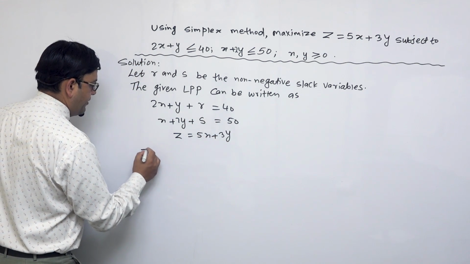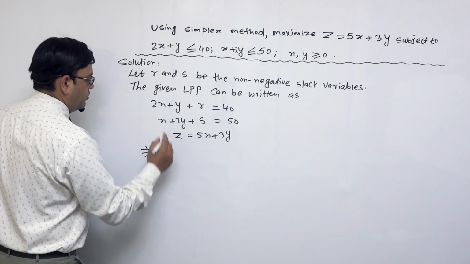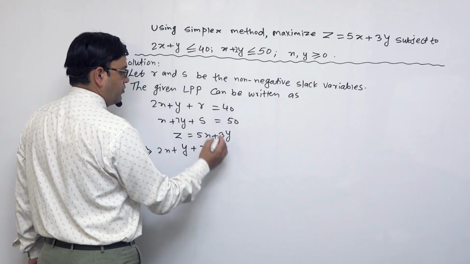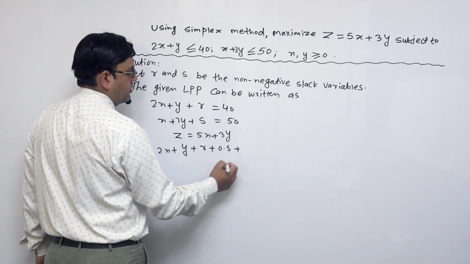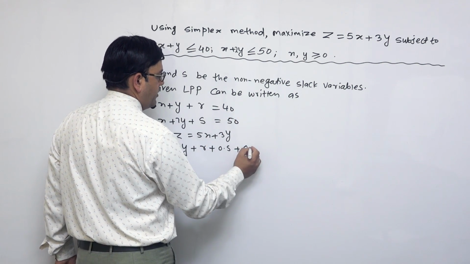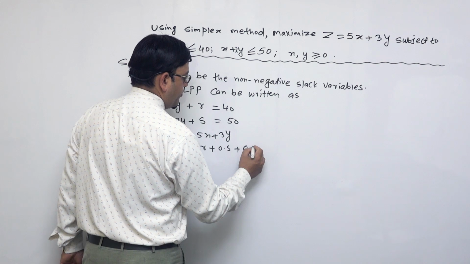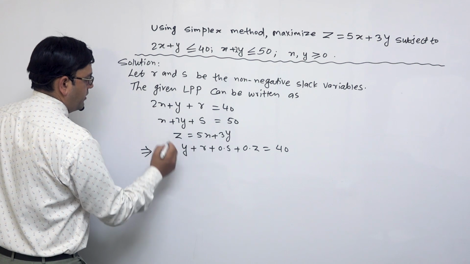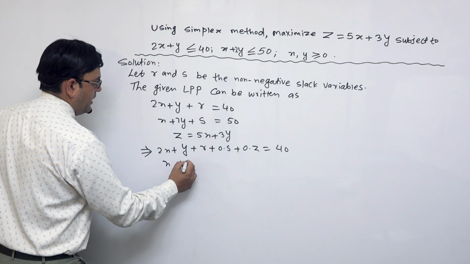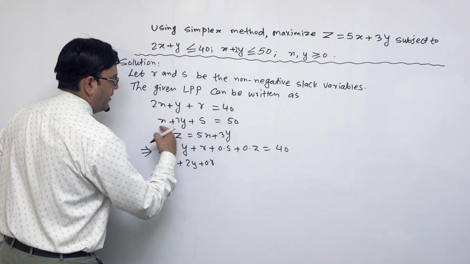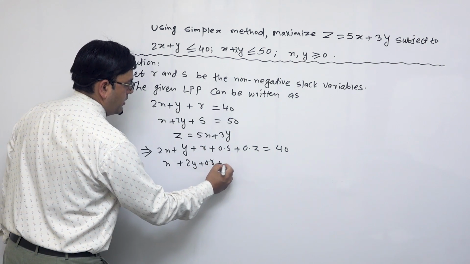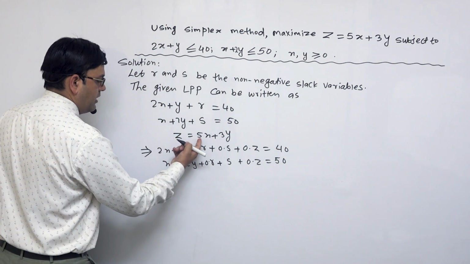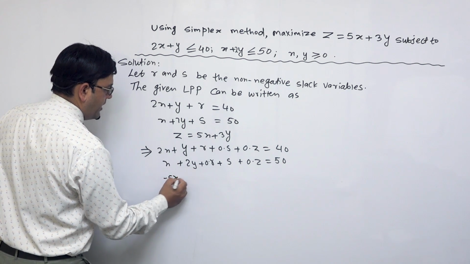We write this as 2x plus y plus r plus 0 times s plus 0 times z equals 40, and the next is x plus 2y plus 0 r plus s plus 0 z equals 50.